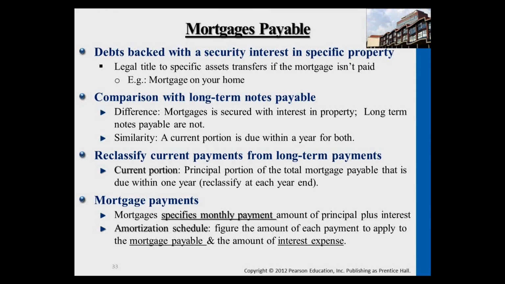But every single month the part you're paying off for principal and the part for interest is different. So that's the part we need to learn how to calculate: the part that we're paying off by interest or the part that relates to the principal amount.